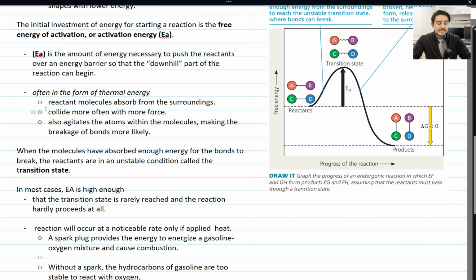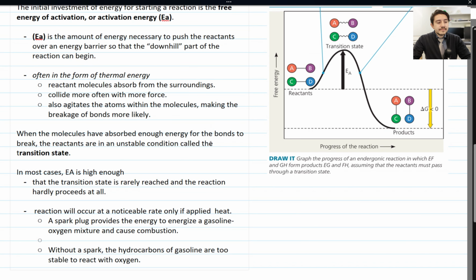Usually that energy is provided in the form of thermal energy. The reactant molecules absorb that energy from the surroundings. With this form of energy, there are more collisions and more force between the molecules, and that will agitate the atoms within the molecules, enabling the bond breaking to occur.